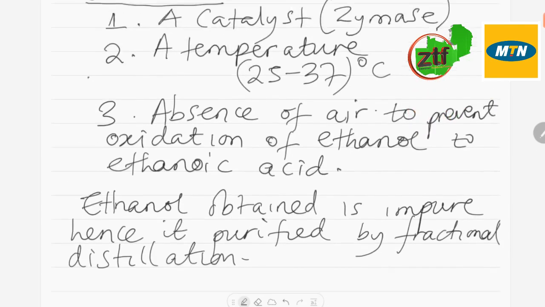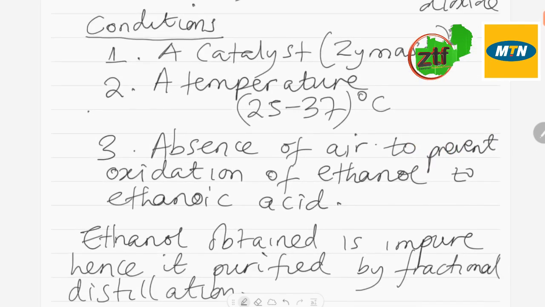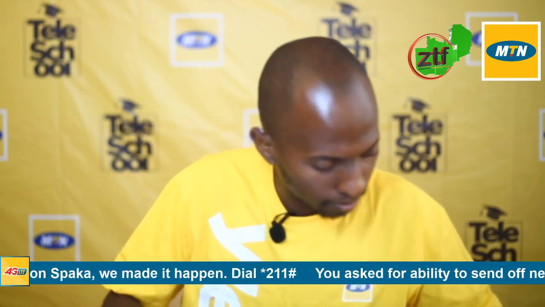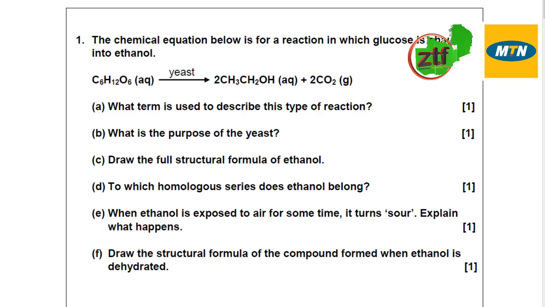Now that we have a brief background of fermentation, we're now going to look at question 1, which has already been read. Let's write the chemical equation first for fermentation.